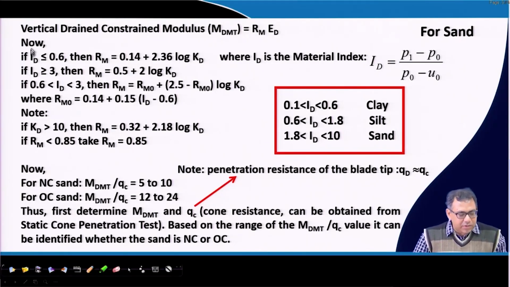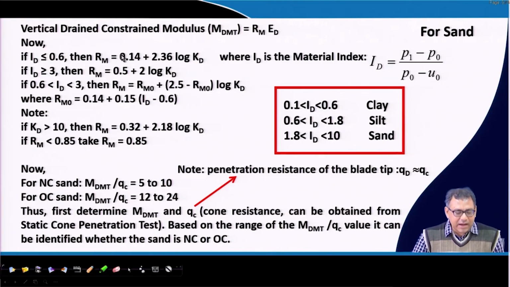So now, by these conditions, I can calculate ID for clay, for silt, and for sand also. If your ID is less than or equal to 0.6, that means it is clay, then RM will be this equation.